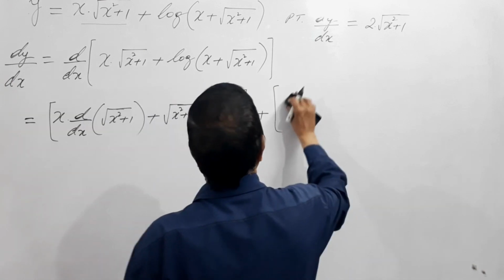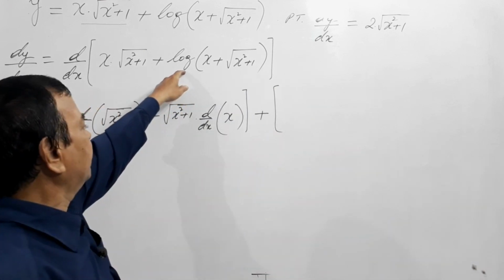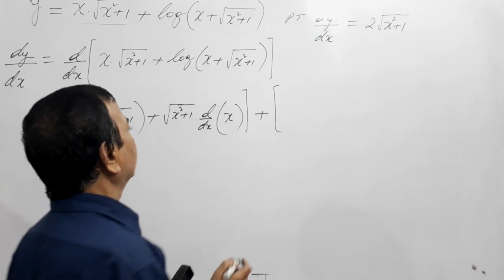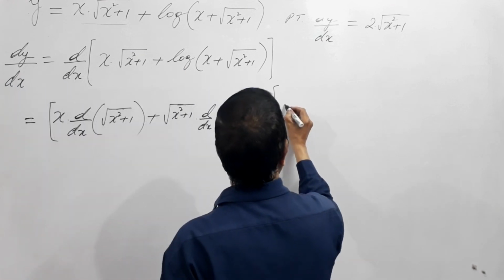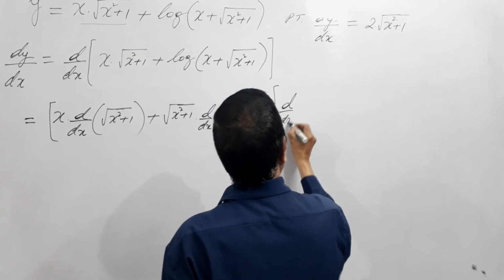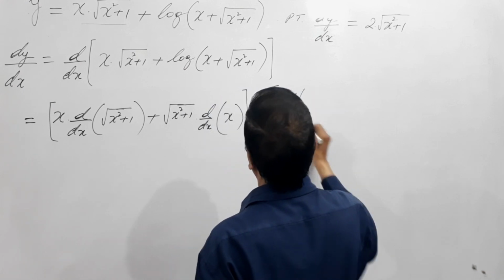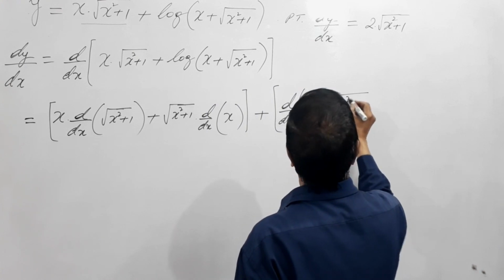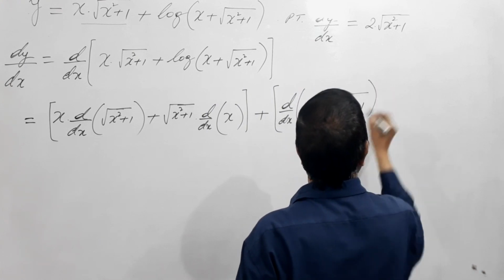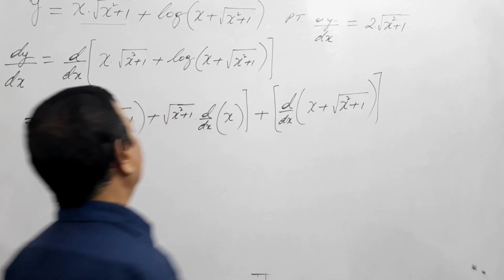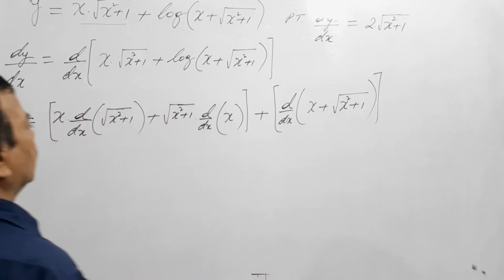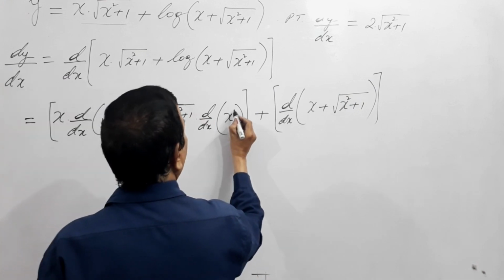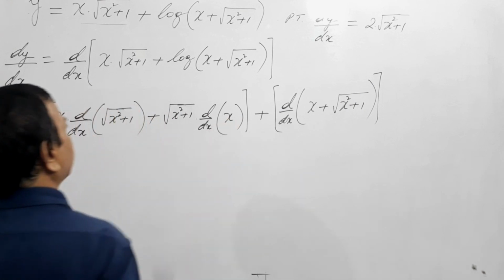So what happens to this? Differentiation of this will be, okay, one step we'll write, no problem. d by dx of x plus under the root x square plus 1. One step I have written, no issues. This is d by dx of x, correct.